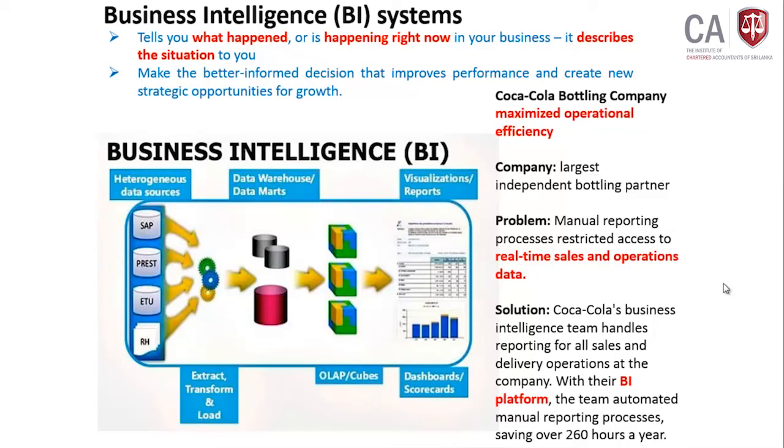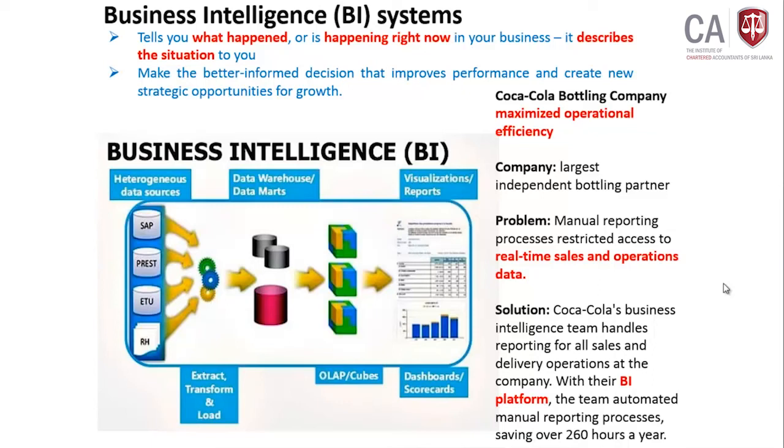Then what the Coca-Cola company did was they implemented the BI tool and automated the processes. So, the solution was that the Coca-Cola business intelligence team handled reporting for all sales and delivery operations at the company. With their BI platform, the team automated manual reporting processes, saving over 260 hours a day.